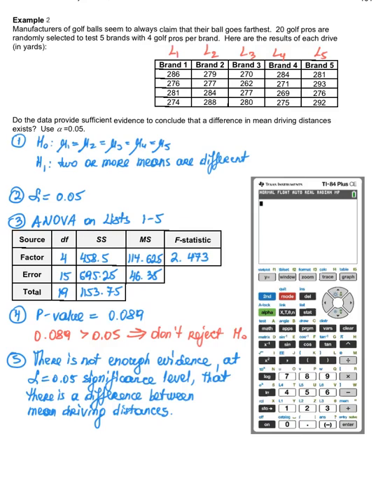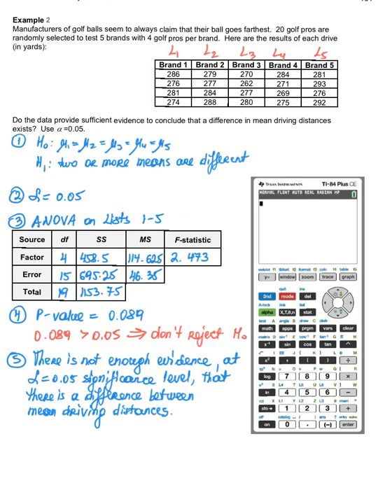Brand 4: 284, 271, 269, and 275 yards. Finally, the fifth brand: 281, 293, 276, and 292 yards. Do the data provide sufficient evidence to conclude that a difference in mean driving distances exists?